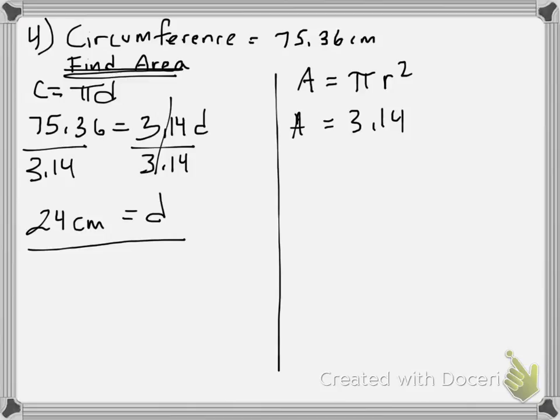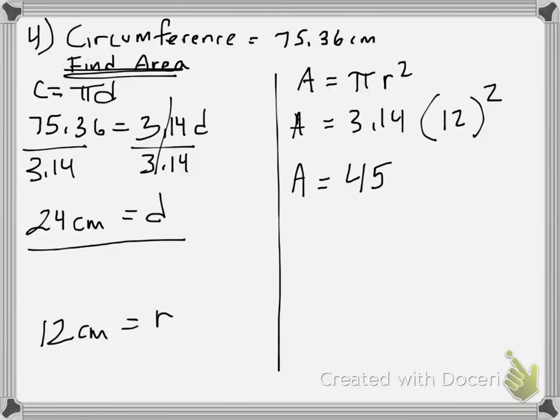So if that's 24, then the radius needs to be half of that, which would be 12. So we know that our radius is going to be 12, and I can square this and grab my calculator, and I find that area is equal to 452.16, and we're in centimeters squared.